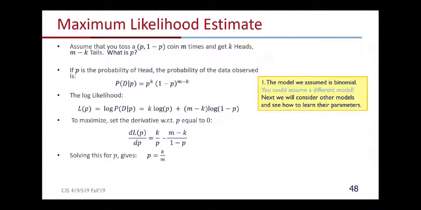The other thing is, what would have happened if you never saw a head? What would your estimation be then? Could be 0. Would it really be 0? Let's assume I tossed it 3 times and you never saw a head.